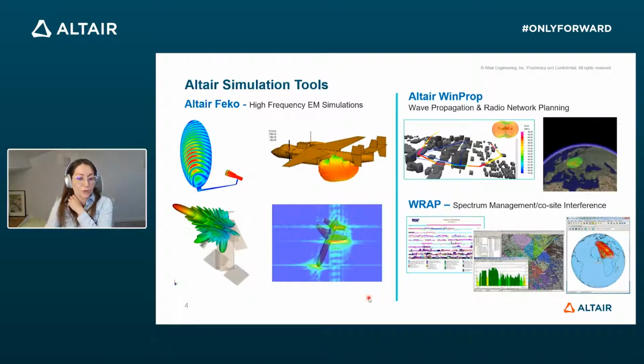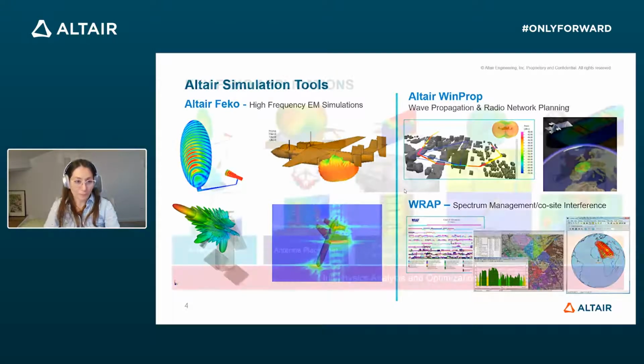So to try to see how the placement of the antenna will affect its pattern and its performance. We have also Altair Windprop, which is our tool for wave propagation and radio network planning. And the third tool is RAP, mainly used for spectrum management and co-site interference analysis, but not only. We will see that RAP has also other application domains in which it is actively used.